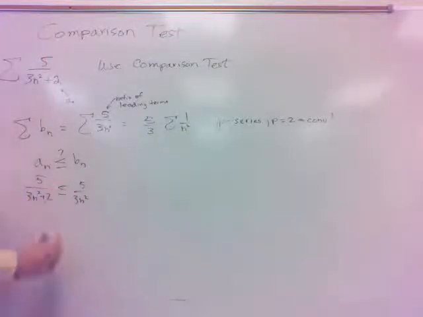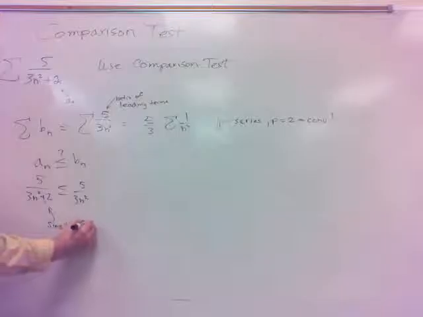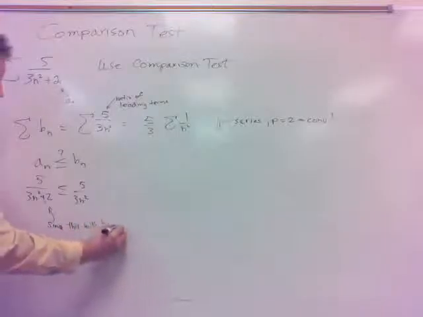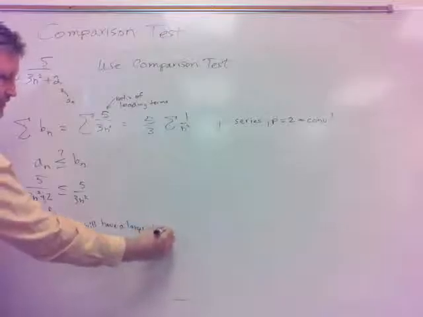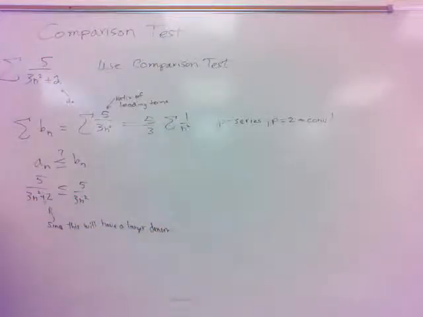Yes, true. 5 over 3n squared plus 2 is less than, 5 over 3n squared, isn't it? Because it has a bigger denominator, in each case. Now, what if that had happened to have been 3n squared minus 2?